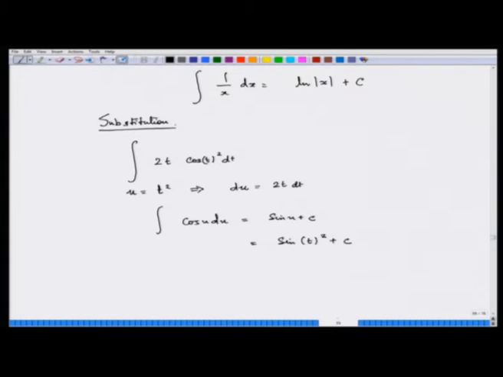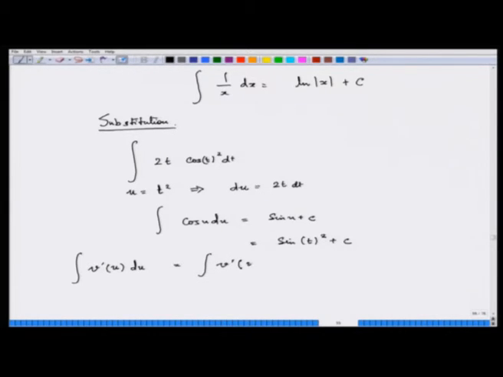So this is the basic substitution method. Suppose you have the integral of v dash of u du, where v is a function of u, but you are integrating in terms of u.